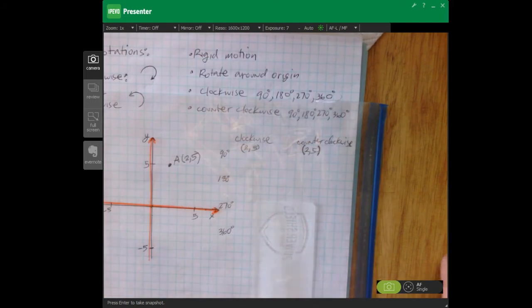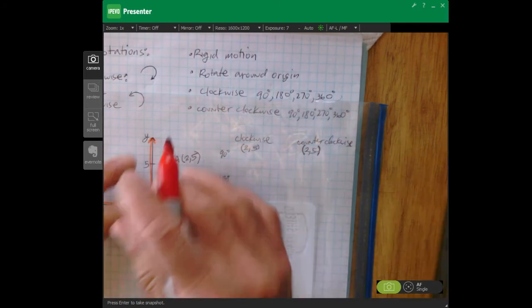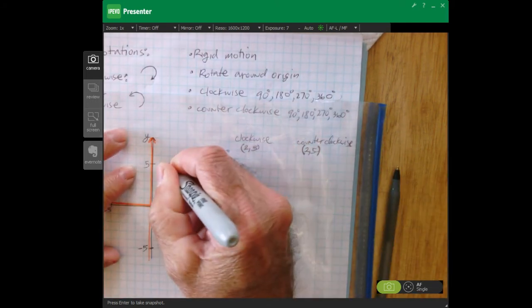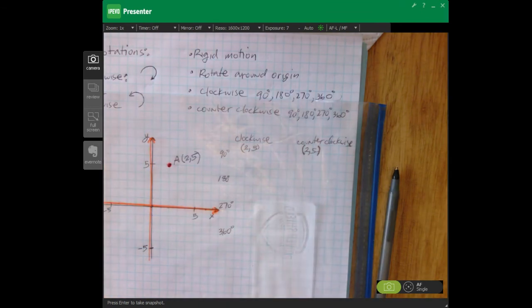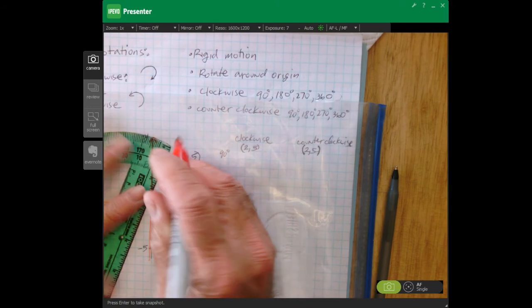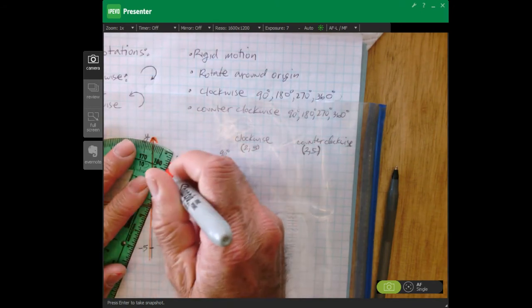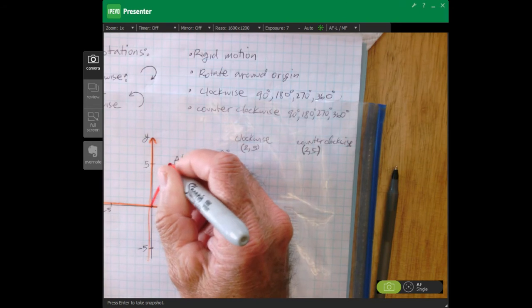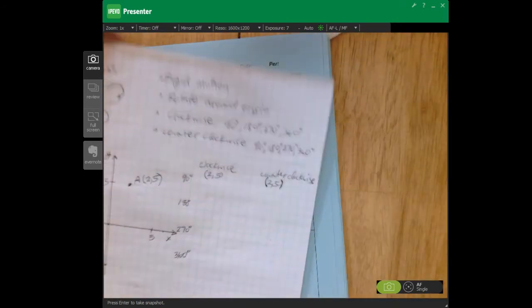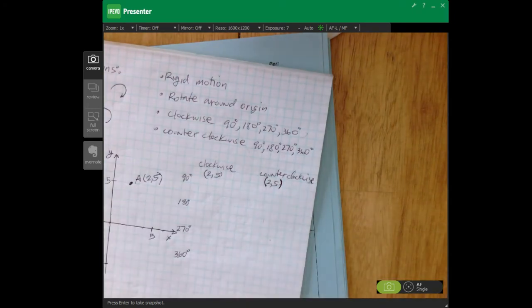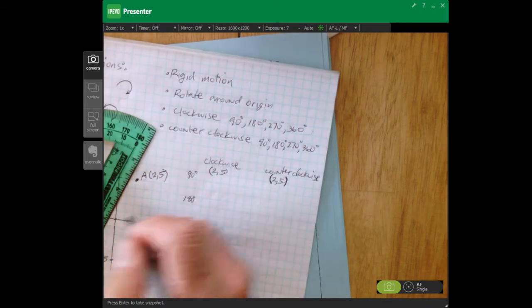So I'm going to start off by marking this point right here, and I'm going to draw a line segment. I'm going to draw that same line segment right here.